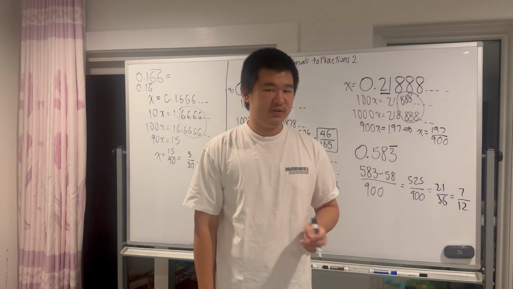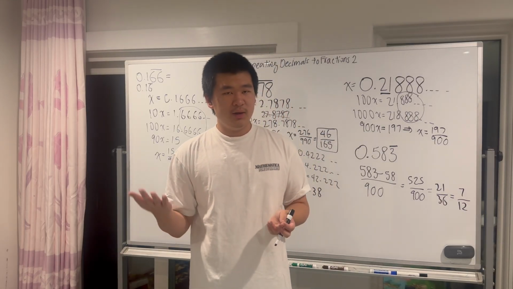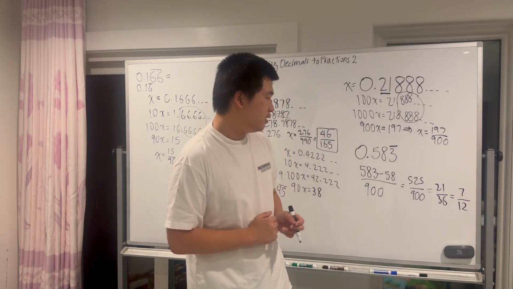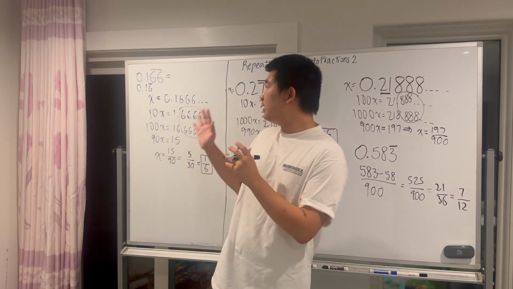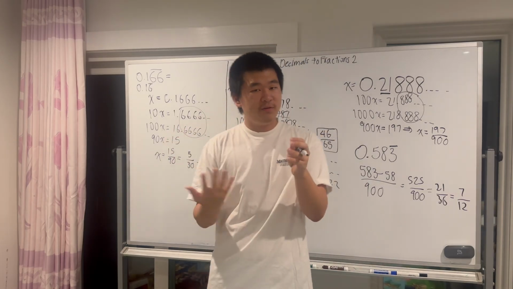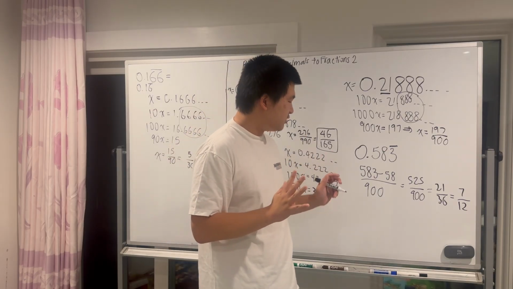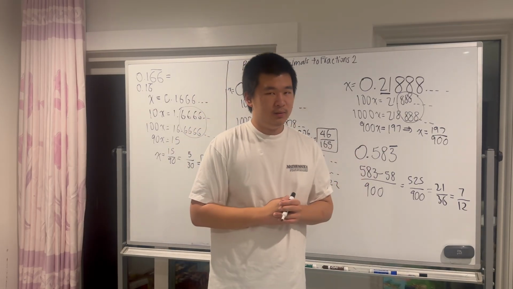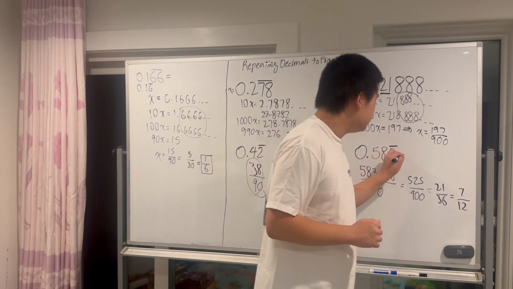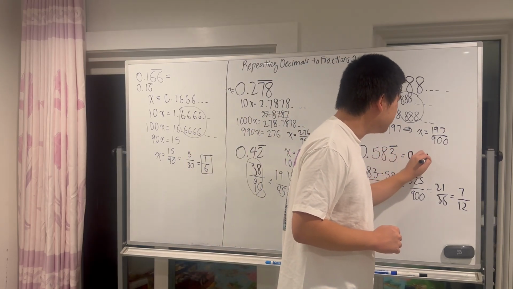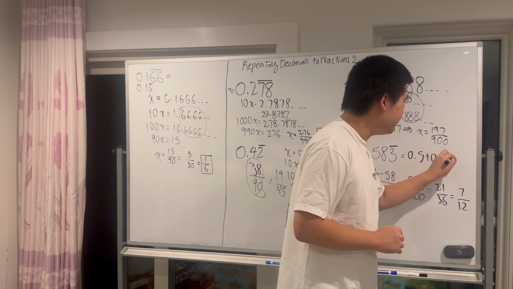And 7 over 12 is a very simple fraction. And so there's actually another way to do this question. One that is not necessarily one that you can use all the time, but if the fraction is simple, if you recognize it, this can be very easy. Watch this. 0.583. Well, that's really just 0.5 plus 0.083 repeating, right?